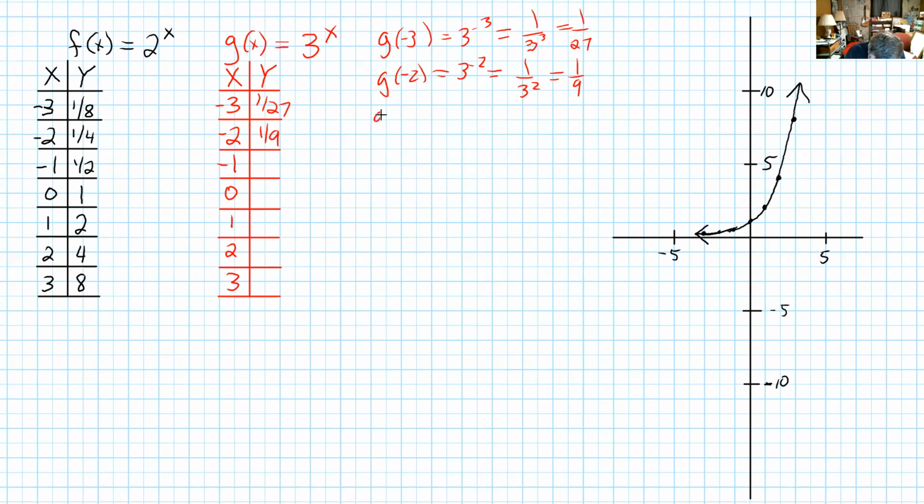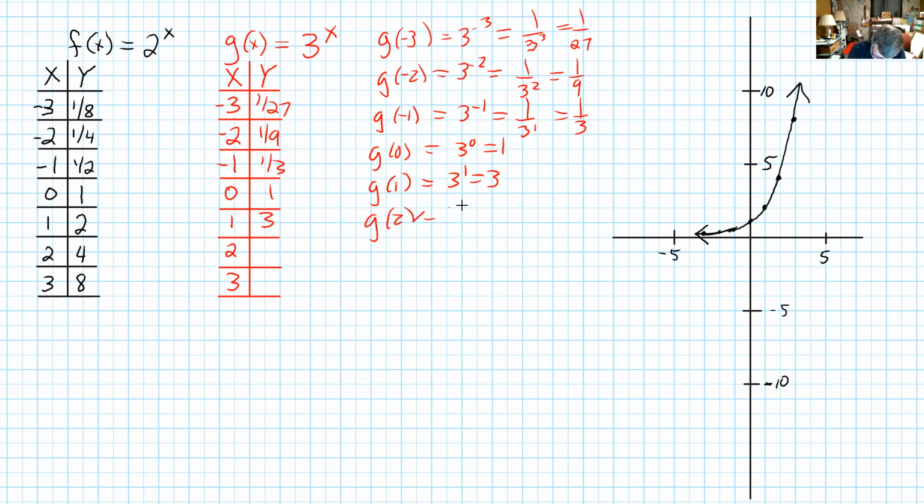If x is -1, g of -1 is 3 to the -1 power, which is 1 over 3 to the 1, or 1/3. If x is 0, g of 0 is 3 to the 0 power, which is 1. If x is 1, g of 1 is 3 to the 1 power, which is 3.